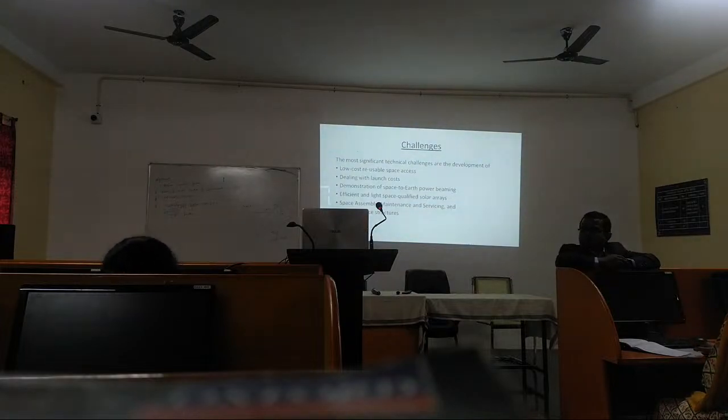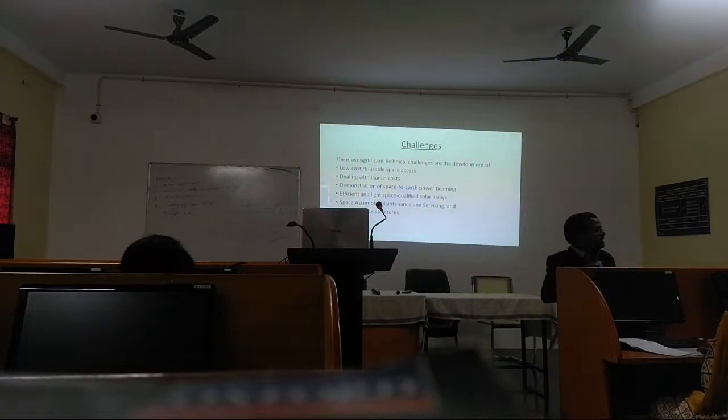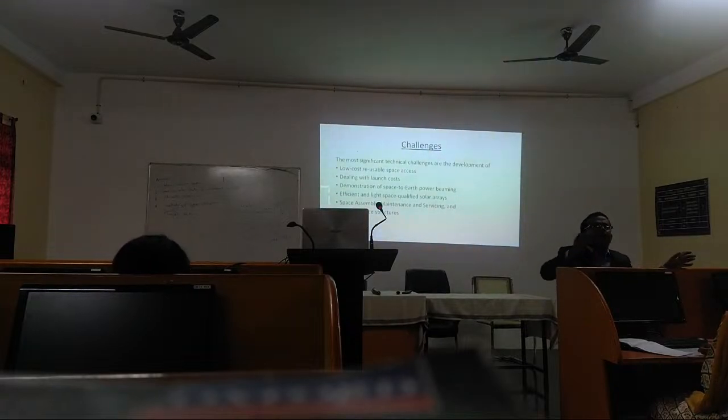From any instrument or system point of view, there are three aspects of maintenance. Regular maintenance, like periodic maintenance that we do every 3 months or every 6 months. And preventive maintenance.